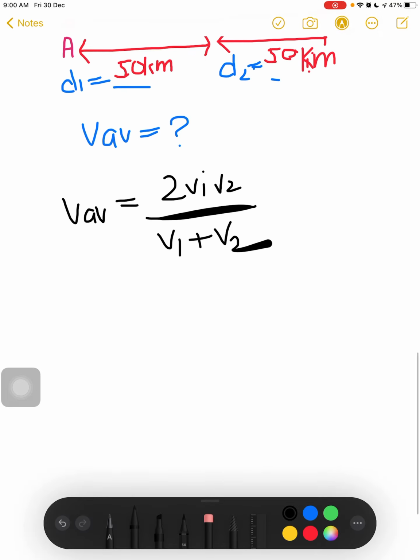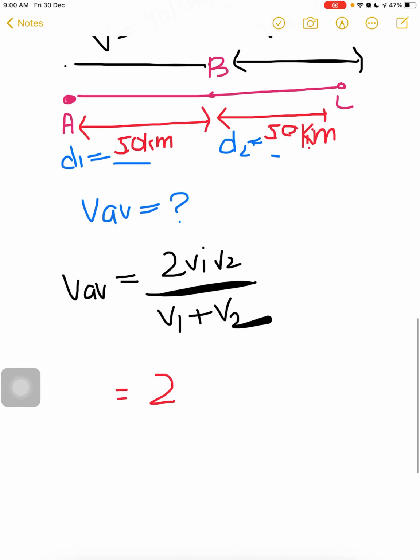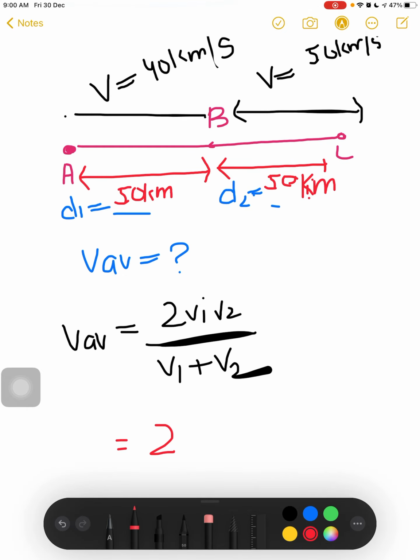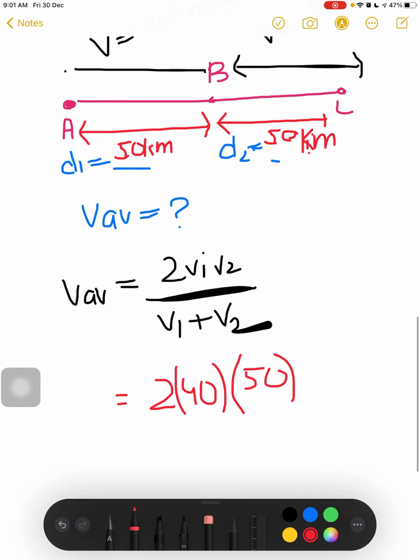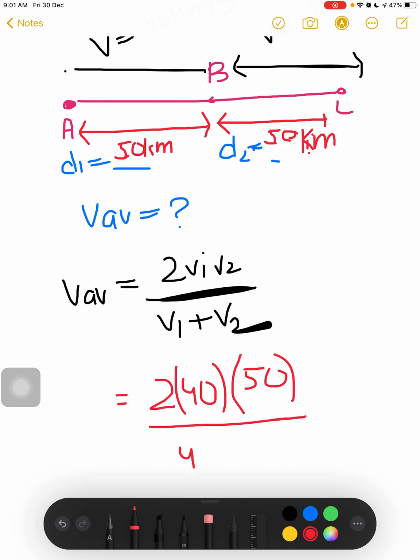Now let's put the values. v1 is equal to 40 and v2 is equal to 50. Here v1 plus v2 is 40 plus 50.